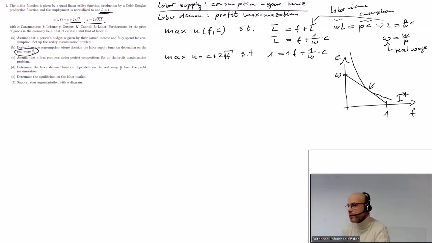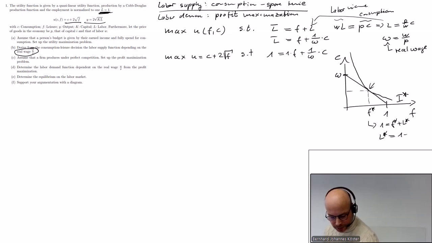And what is the condition in the optimum? I'm interested in this spare time optimum, and then I know that 1 is optimal spare time plus optimum labor time. So optimum labor time is 1 minus F star. And this would be then my labor supply.